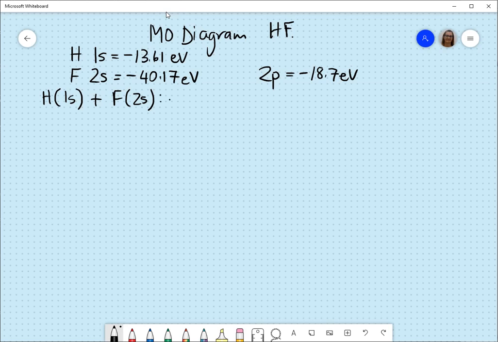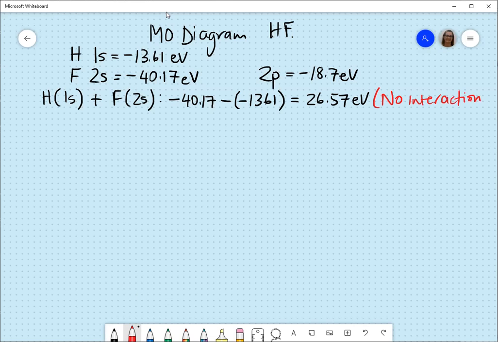So we say minus 40.17 minus 13.61, and that gives us an answer of 26.57 electron volts. So that would mean no interaction.